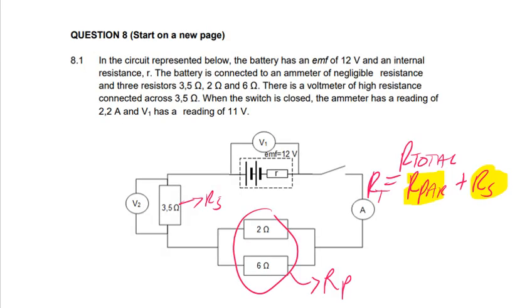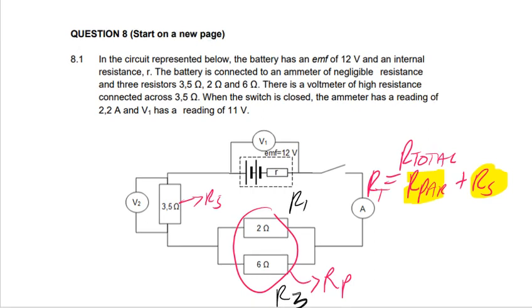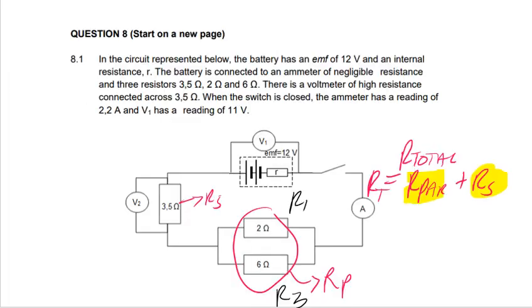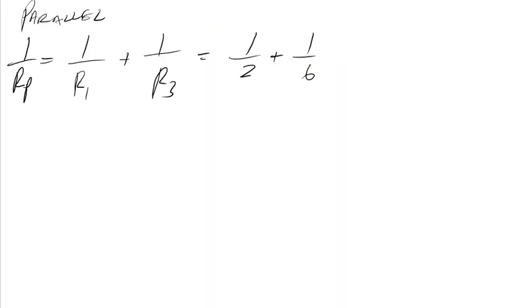So it's these two: this one is R1 and this one is R3. So you're gonna have 1 over 2 plus 1 over 6. This is how you do the parallel circuit.